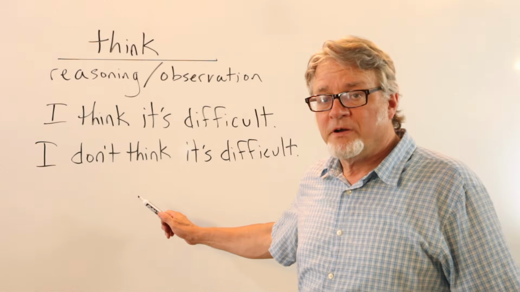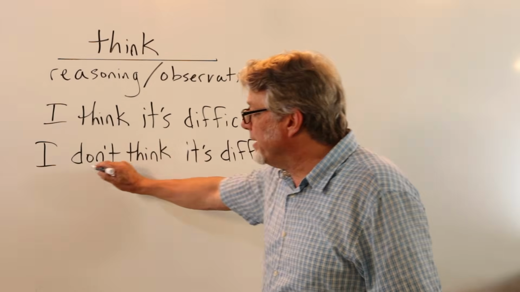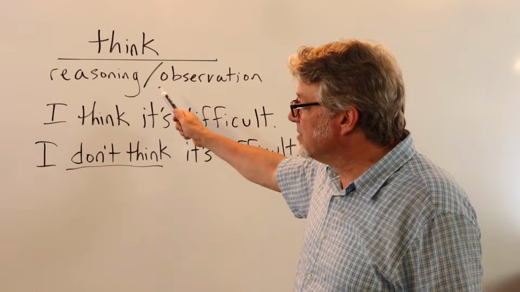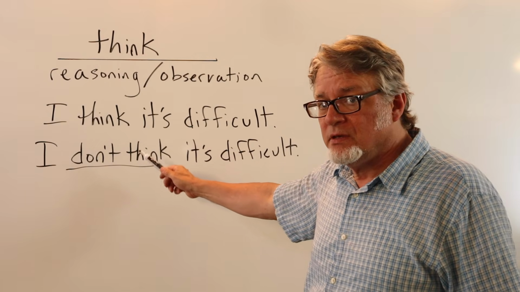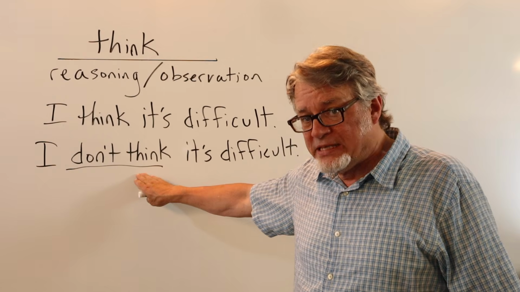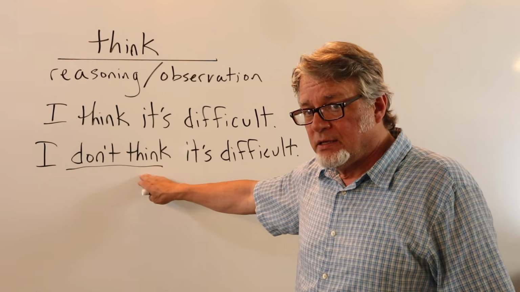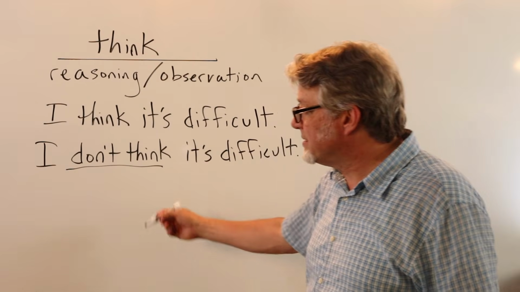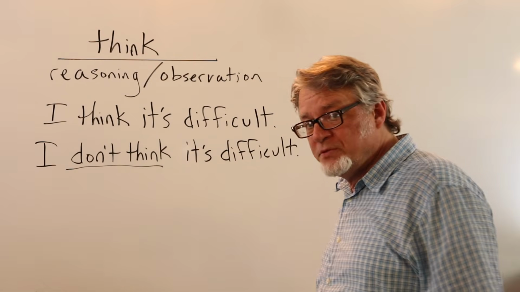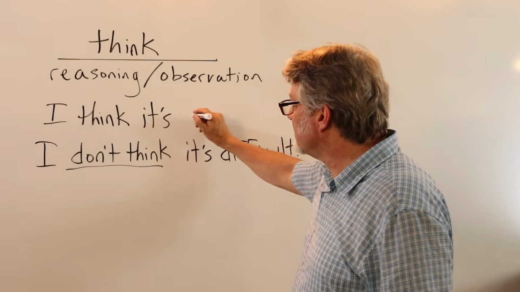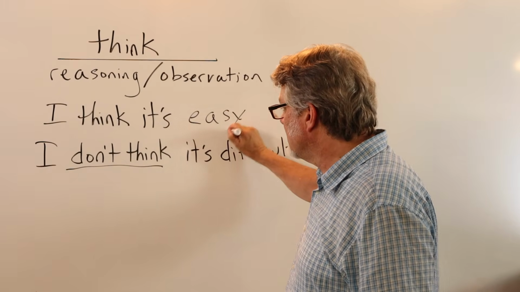I think it's difficult. I don't think it's difficult. These two sentences have opposite meanings. You'll often hear don't think when a person is giving his or her opinion. If you say, I don't think it's difficult, that's the same as if you were to say, I think it's easy.